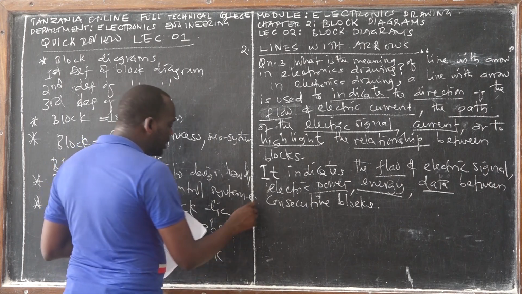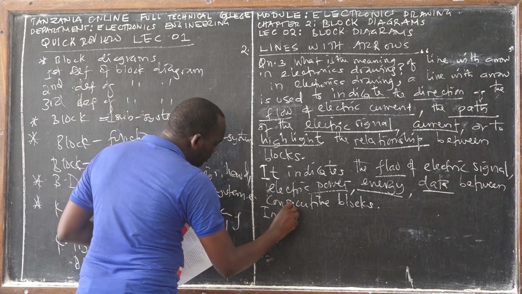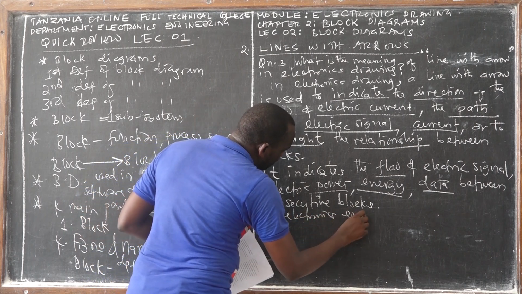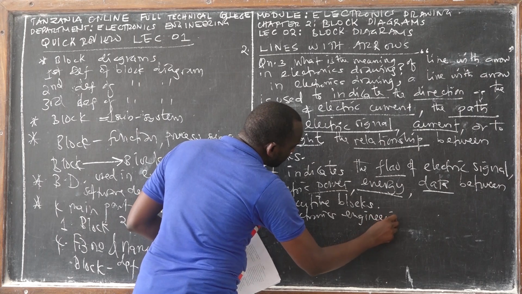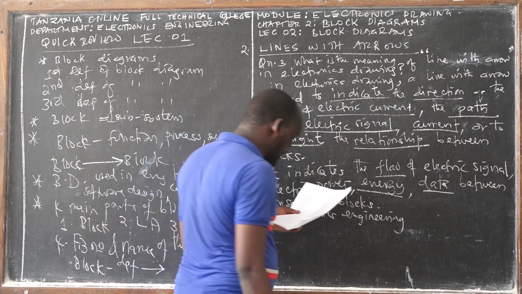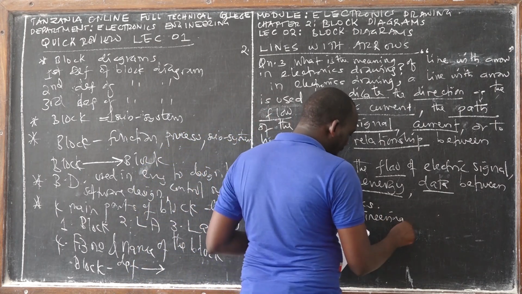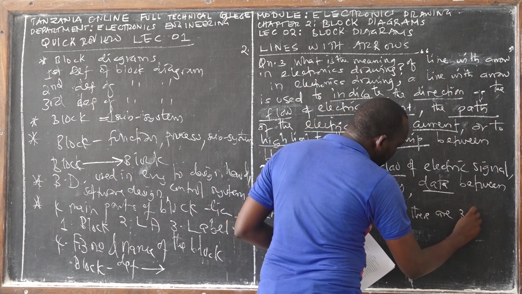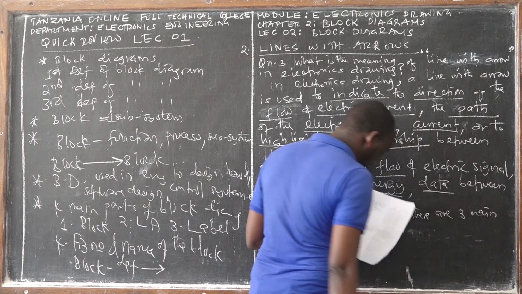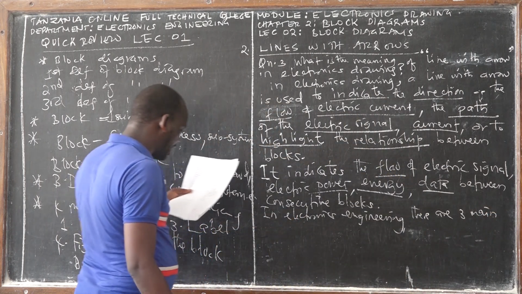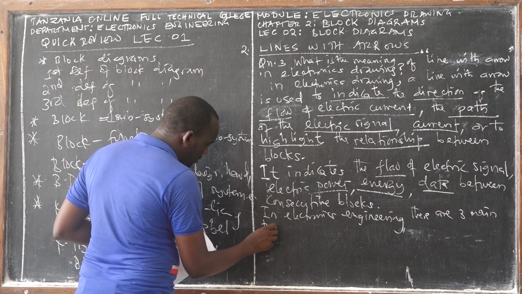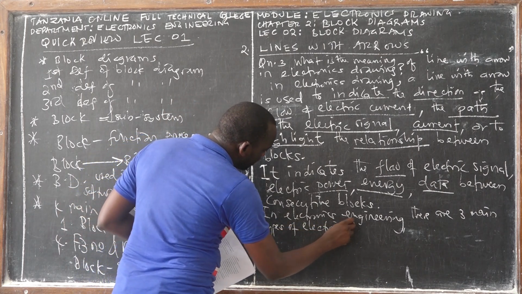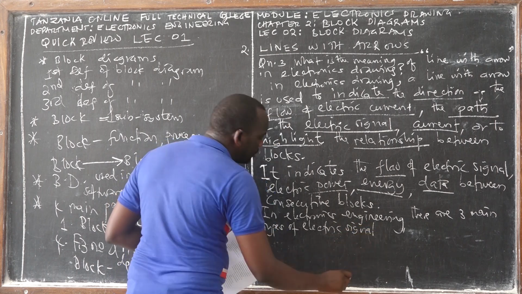in electronics engineering, there are three main types of electric signal.